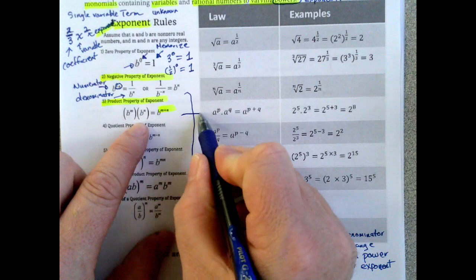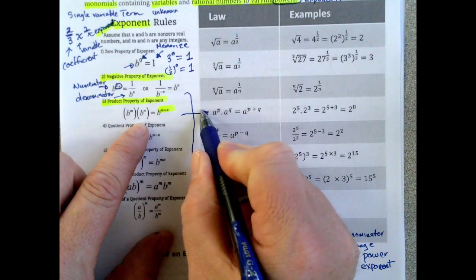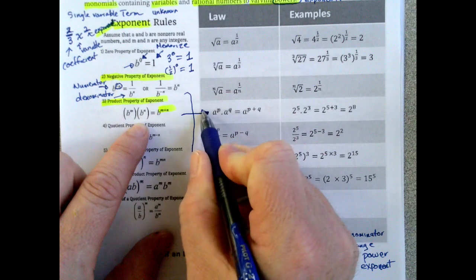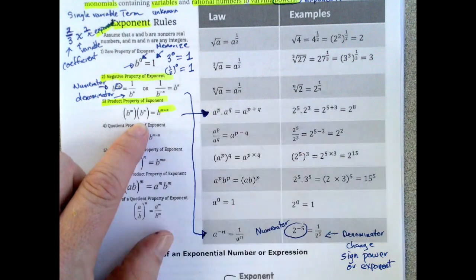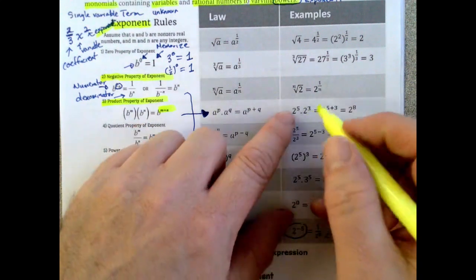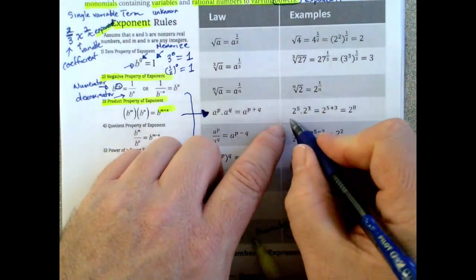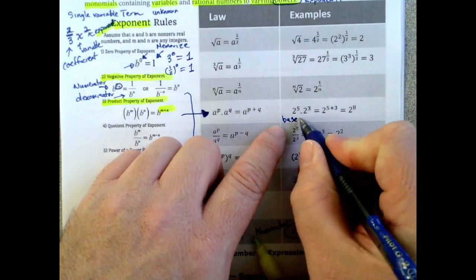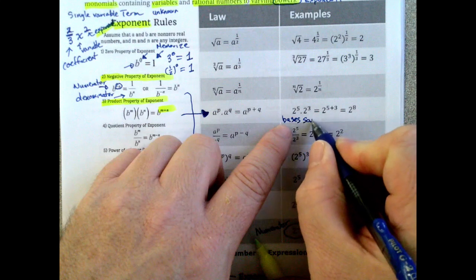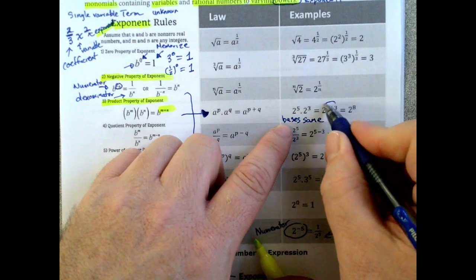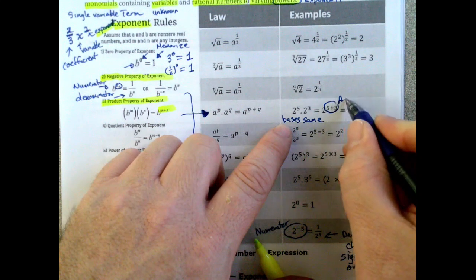This is matching with this one right here, so go straight across. And we'll look at the real life example. So notice that the bases are the same. The bases are 2. They're the same. You add the exponents.